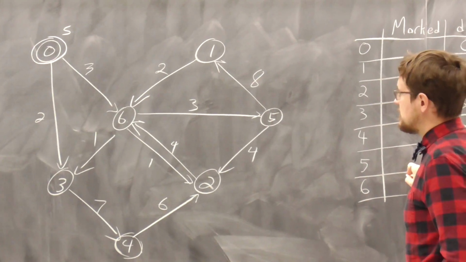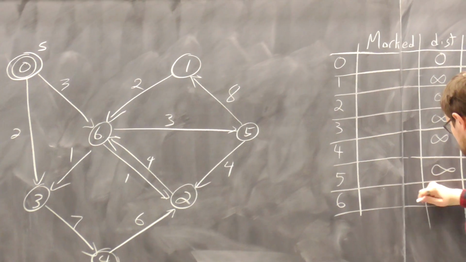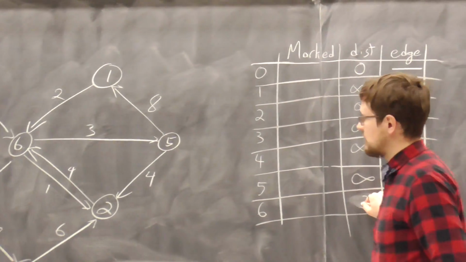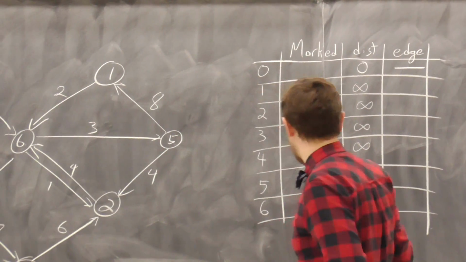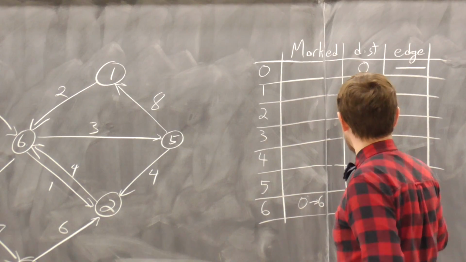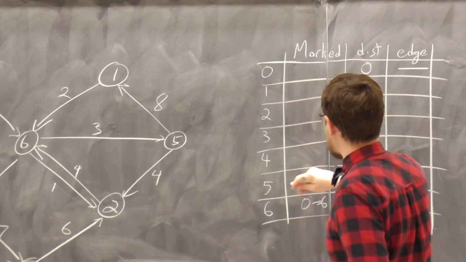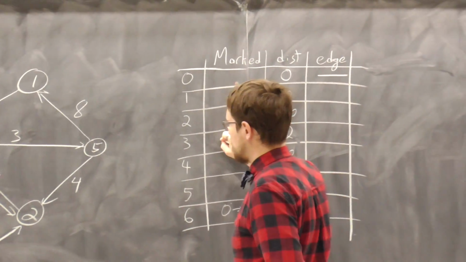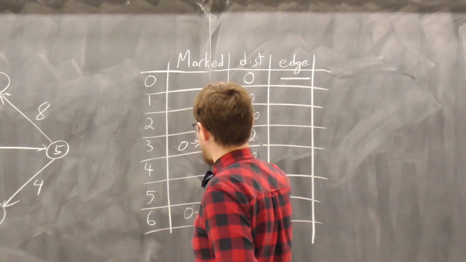Six, distance is 3. Edge is 0 to 6. Good. Other one, 3. Distance is 2. And it's 0 to 3.